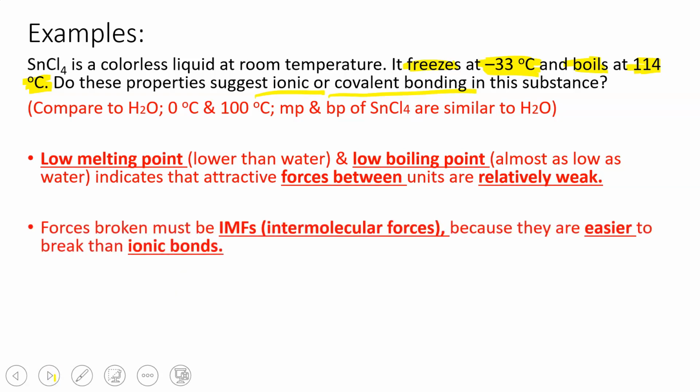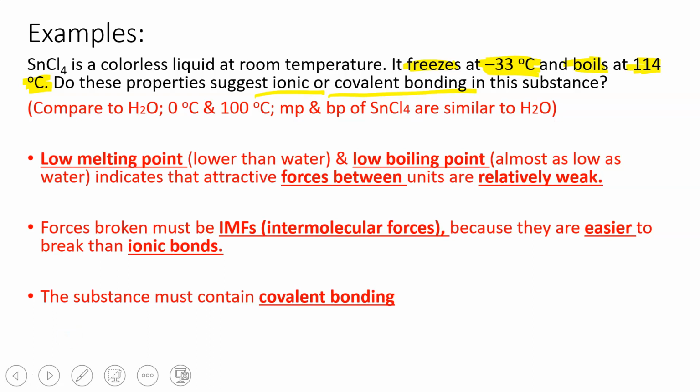The forces broken must be IMFs, because they're easier to break than ionic bonds. It looks like it's easier to break than even water, so that indicates it must not be a stronger bond, so it's probably a covalent compound.